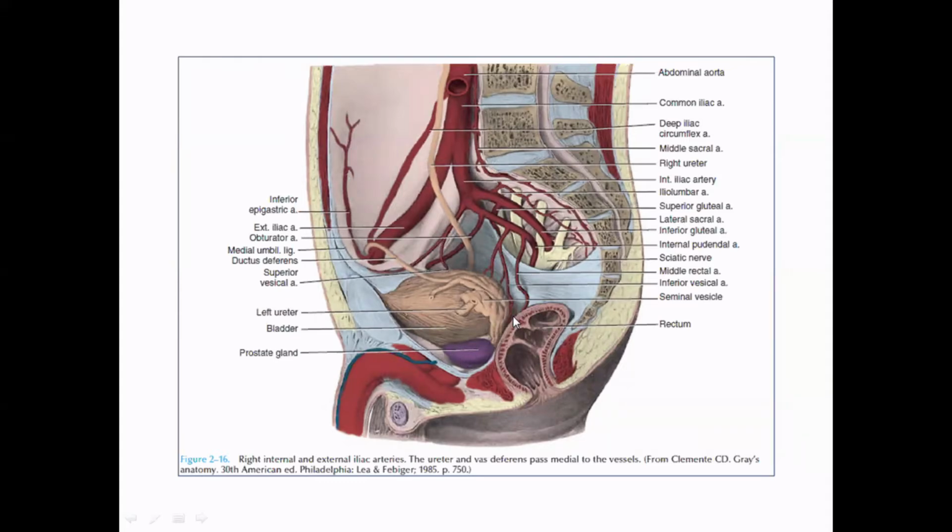From an oncological point of view, if some cancer is in the rectum, it can go inside the bladder. If there is trauma in the rectum, you can injure the bladder also. So this is how the 3D picture helps you understand the disease process and pathology.